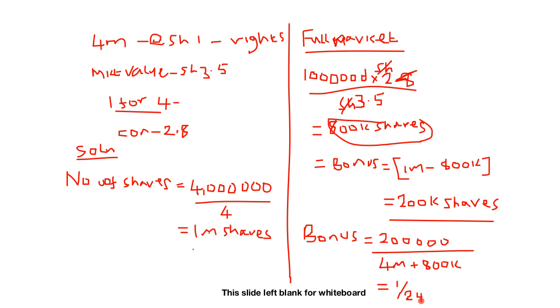Please take note of that when you are dealing with the bonus. From what we have determined, we can say with confidence that for every 24 shares, 1 share is a bonus, which is free. Bonus means free.